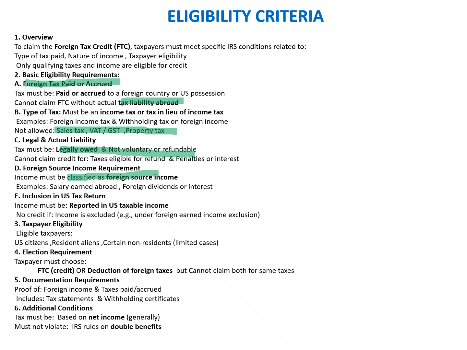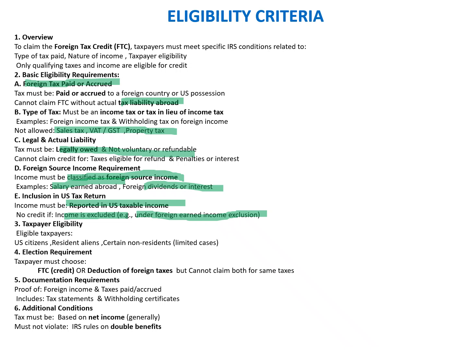Income must be classified as foreign source income, for example salary earned abroad, foreign dividends or interest. Basically, both active income as well as passive income are included as part of the income which can be claimed as foreign income. Inclusion in the US tax return: income must be reported in the US taxable income. If income is excluded under the foreign earned income exclusion, we'll discuss that in the upcoming slides as well.